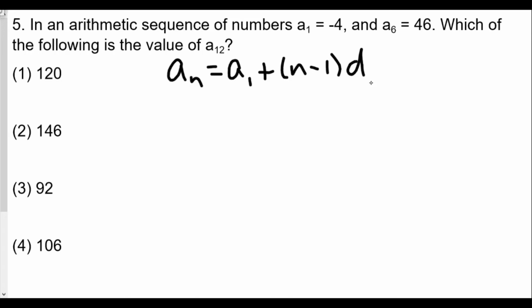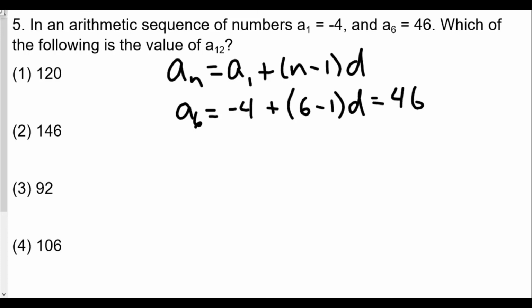So a6, which is equal to 46, equals a1, which is -4, plus, and since the n value is 6, we still don't know what d is, but we do know a6 equals 46.